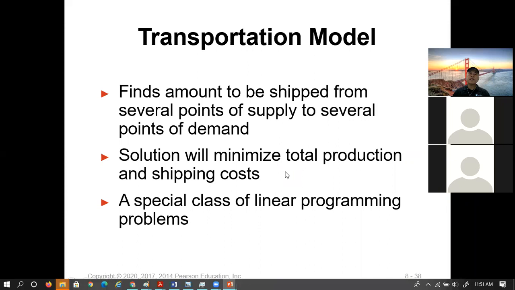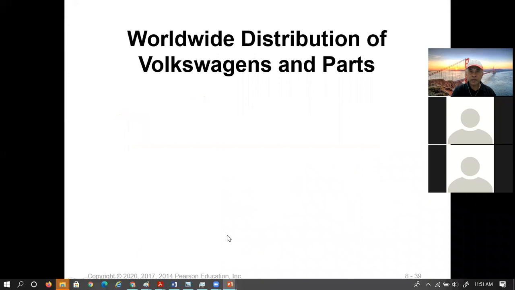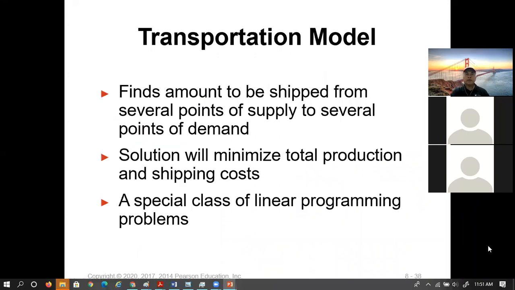Another model is the transportation model. In the transportation model, we should consider this, for example, for Volkswagen. Find the amount to ship from several points of supply to points of demand. The solution will minimize total production and shipping costs. It is a special class of linear programming problem.